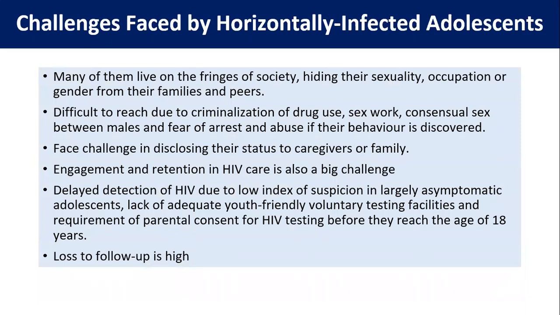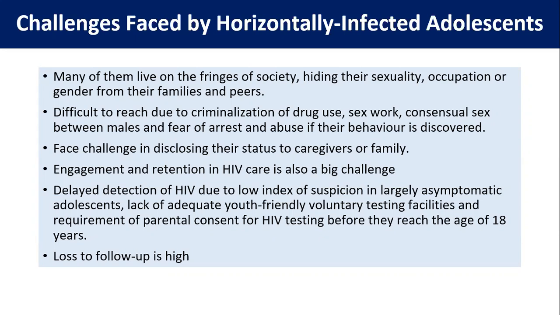In the horizontally infected, as I have discussed earlier, they also have the stigma and discrimination problem, but not that much. You also have to know what the difficulties in reaching out are: discrimination, criminalization of drug use, sex work, or consensual sex between males, and fear of arrest and abuse.